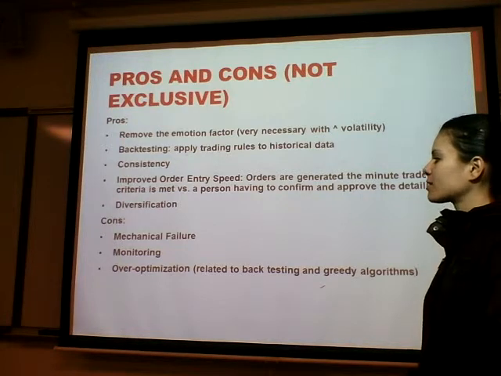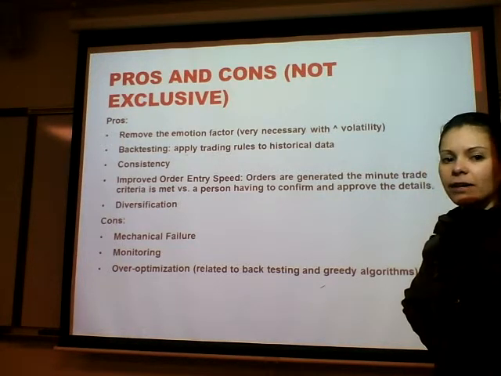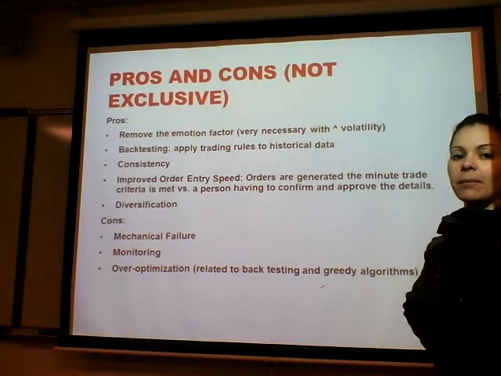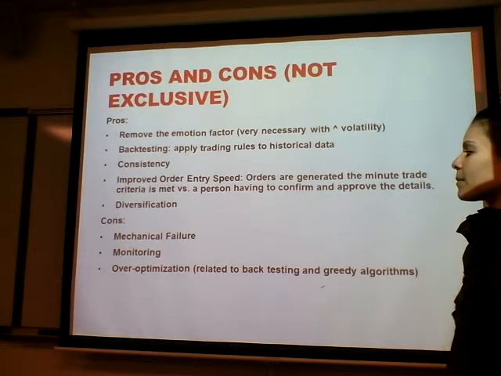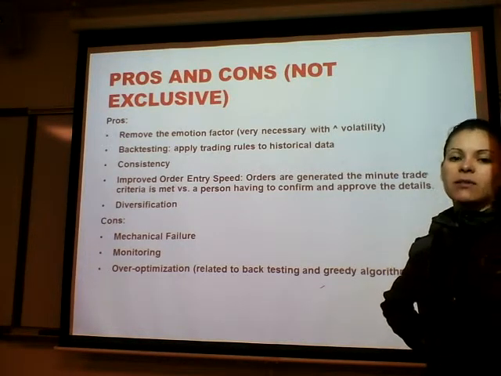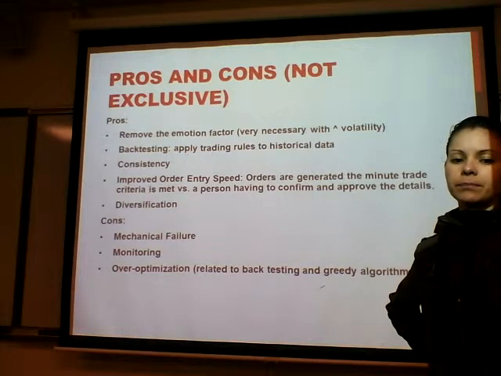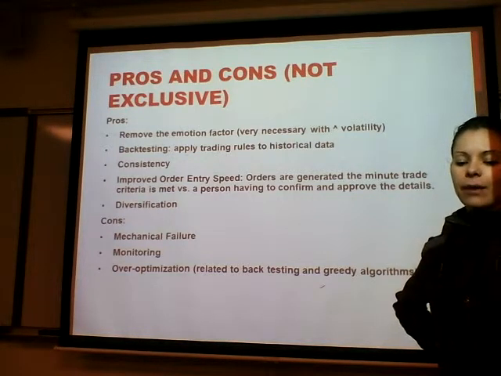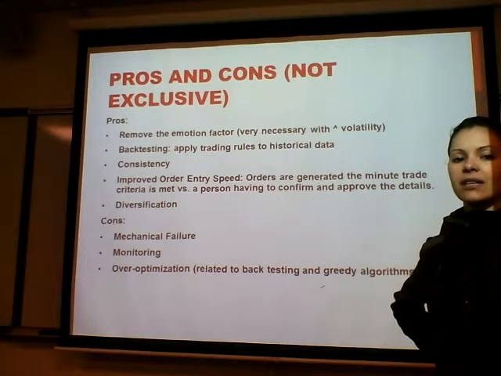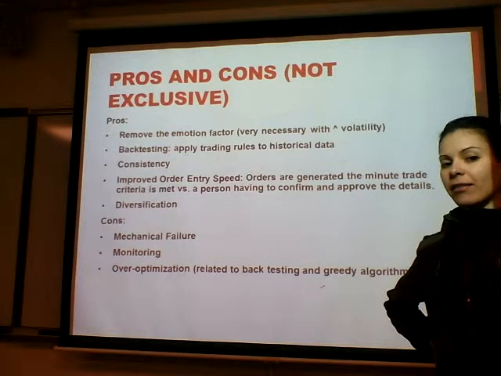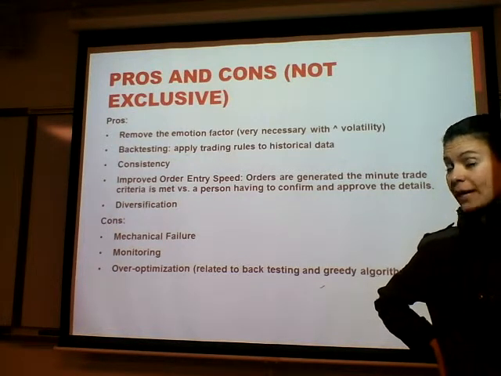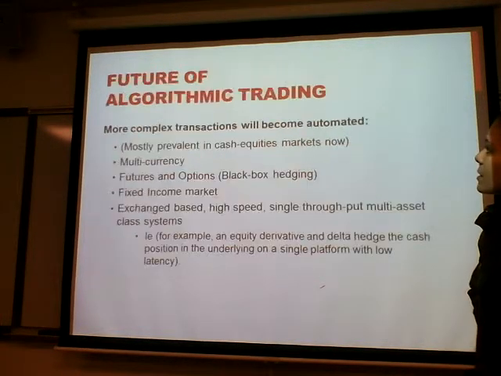That could cause an increase in mechanical failure because you're overloading the model with too many parameters, or tweaking it too many times, or it could just lead to bad results because we're not ready right now for certain sophistication in the mathematical models out there that are ready for trading. And that brings me to my next slide.